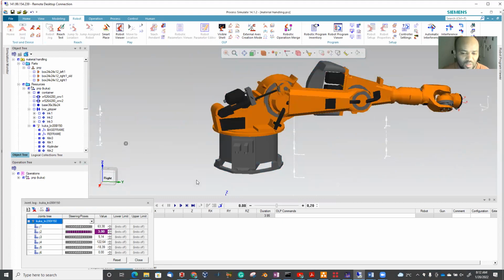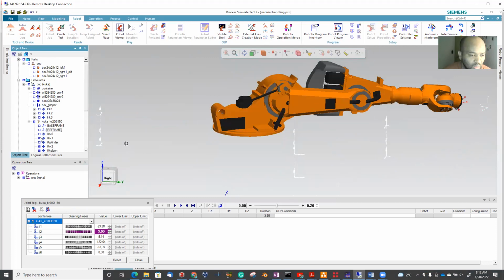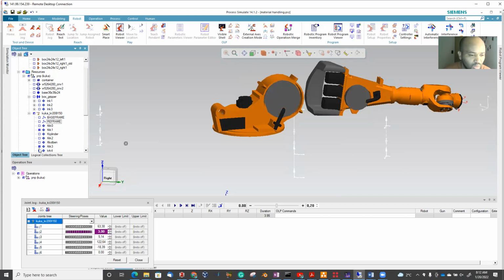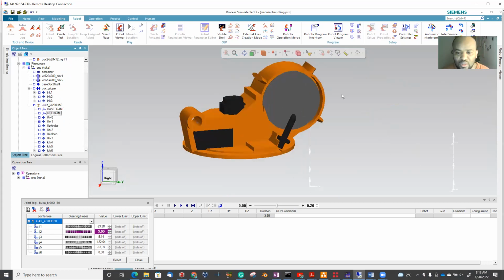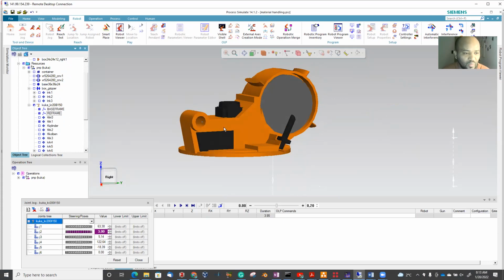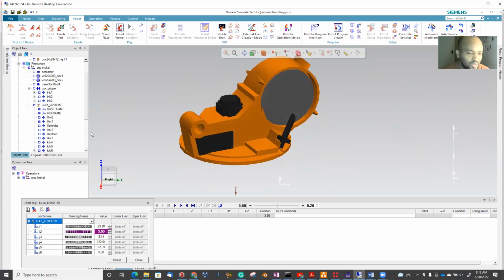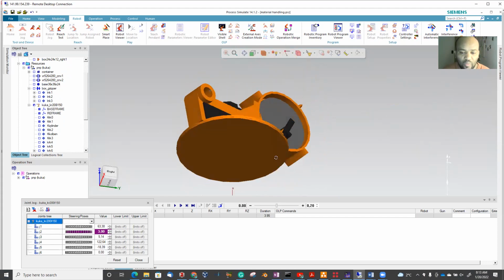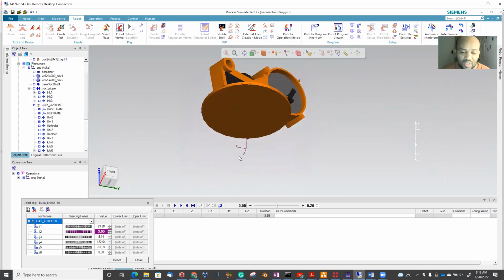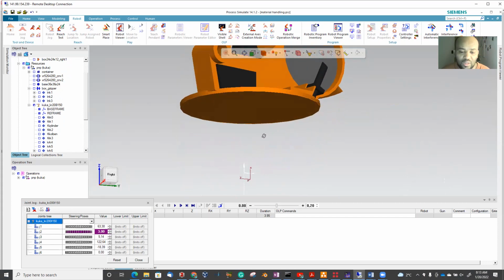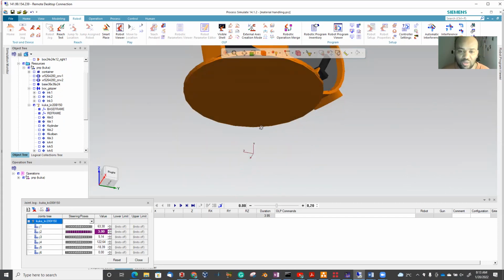Even if you consider only one joint, and maybe we remove the others, you see this axis is along the axis of rotation.